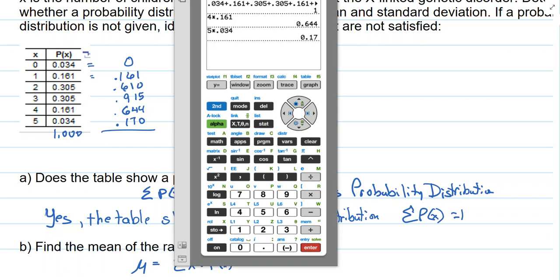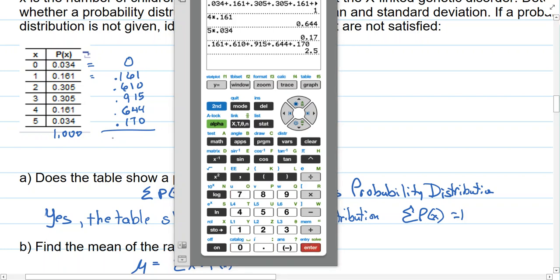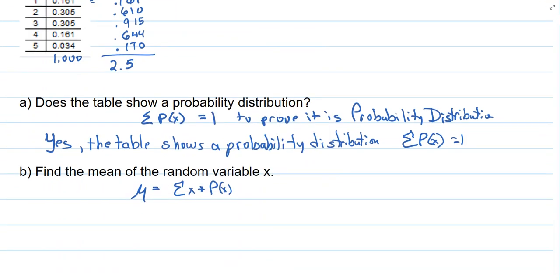On the home screen, I'm going to do decimal 161 plus decimal 610 plus decimal 915 plus decimal 644 plus decimal 170. And I get 2.5. So mu equals 2.5, according to the formula.